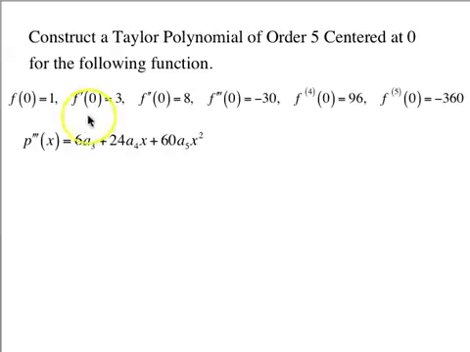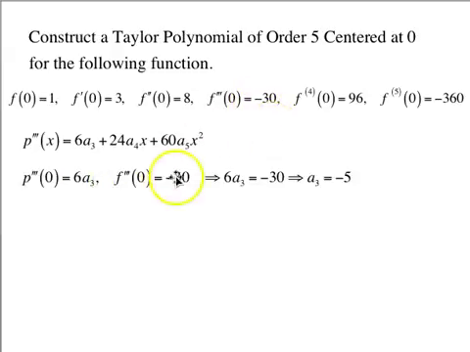So knowing this, plugging in 0 for x, this piece is 0, this piece is 0. P triple prime of 0 is just 6a3. f triple prime of 0 is negative 30. So if 6a3 is negative 30, dividing both sides by 6, a3 is negative 5.